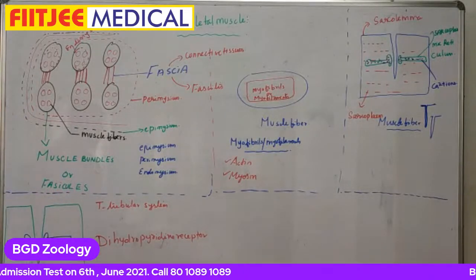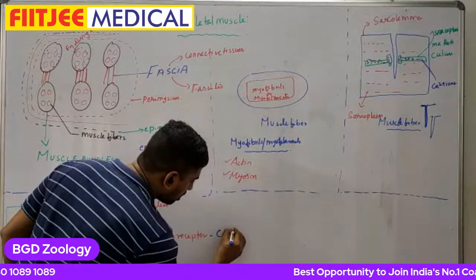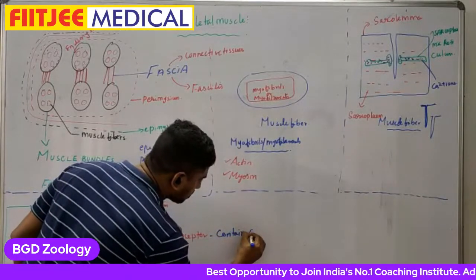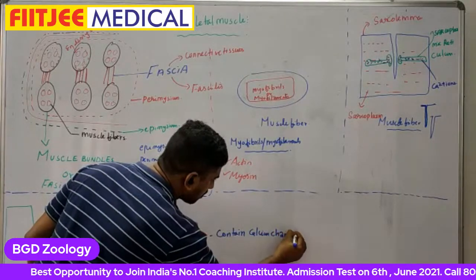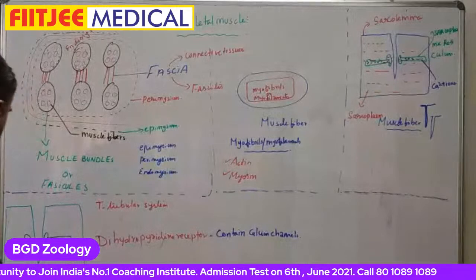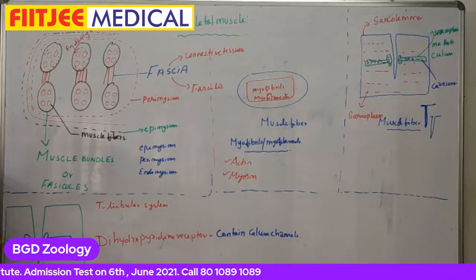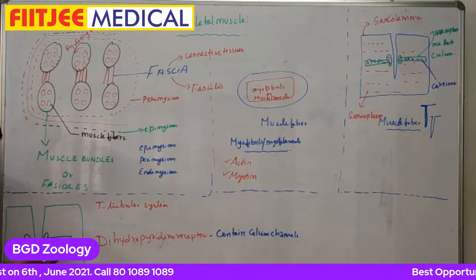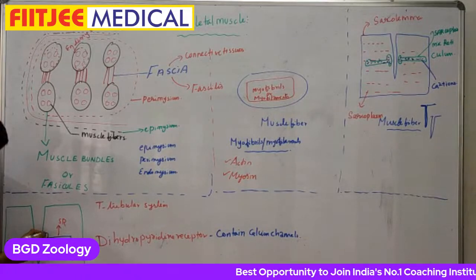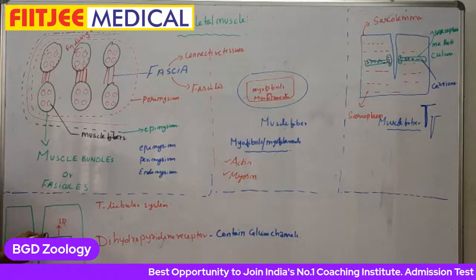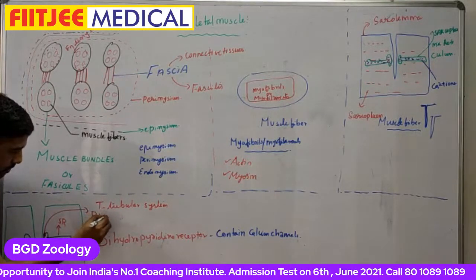This dihydropyridine receptor contains calcium channels. There is one more receptor, present in the sarcoplasmic reticulum. This is the sarcoplasmic reticulum, and listen, this one we call the ryanodine receptor.